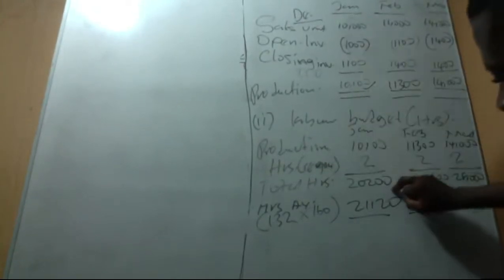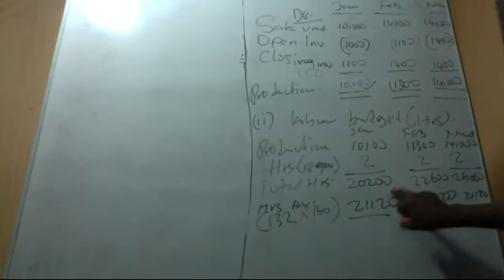So tell me, which of the months do we need overtime? Everybody tell me. For January, we need 20,200 labor hours, but we have 21,120 hours.